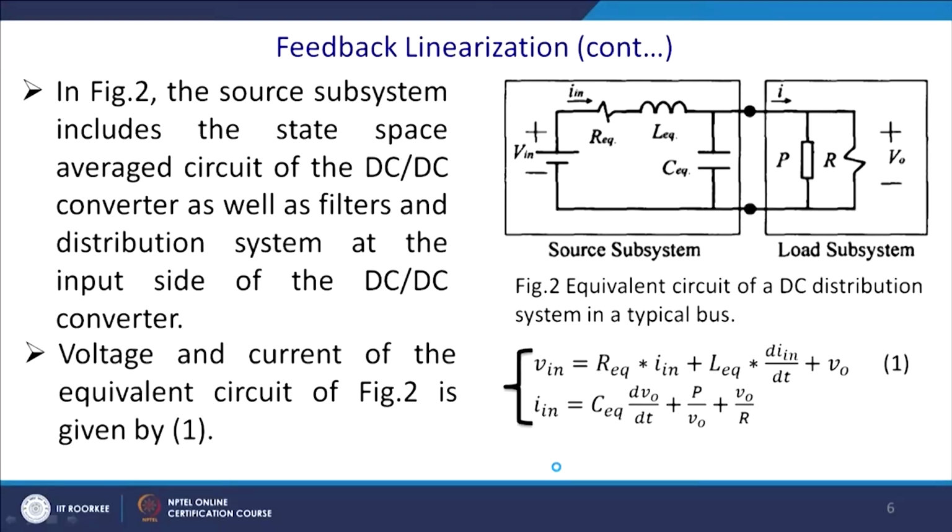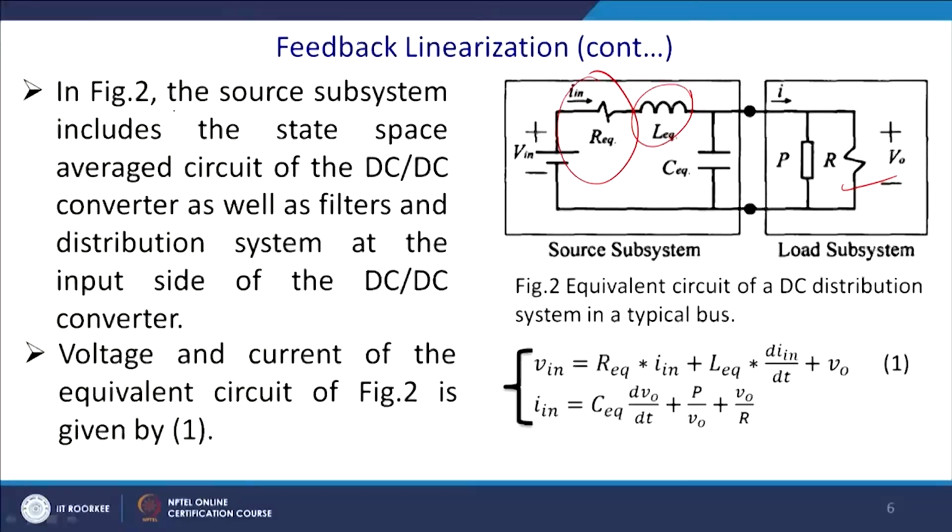So, we have split it in a separate way. You know that this is the input, then this is the equivalent resistance that has been coupled, thereafter you may have a filter to wipe out these high frequencies, and thus it can be modeled as this Lq and the Cq. Thereafter, you have a constant power load and you have a resistive load, that is a constant impedance load.